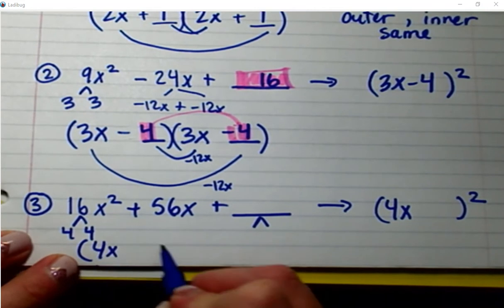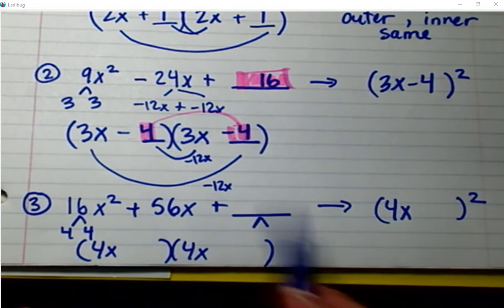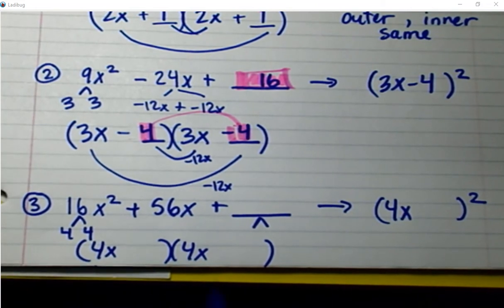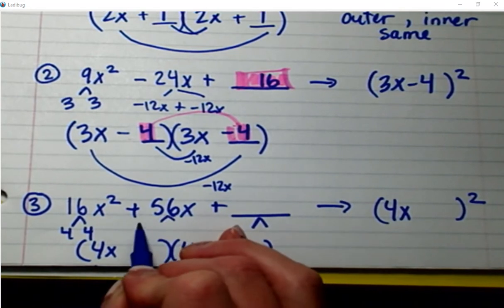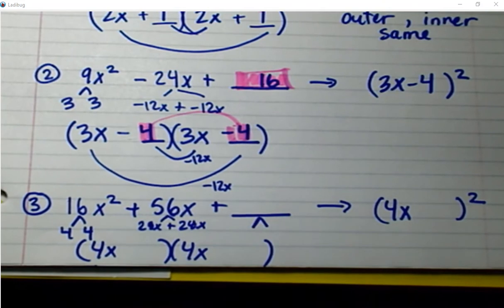Okay, 4x. So I'm setting up my FOIL, and I'm trying to figure out what the outer and the inner have to combine to. So divide this by 2. That's 28x and 28x. Yes?